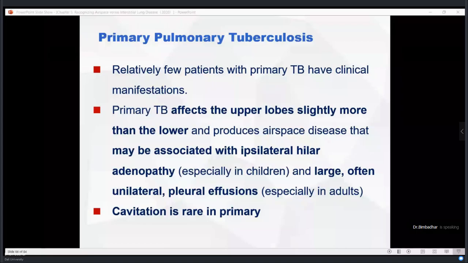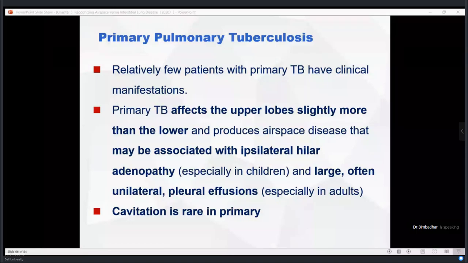Such a typical presentation may be related to a cotton-related disease called byssinosis, an interstitial, occupational lung disease. So even though the presentation clinically relates to tuberculosis, I cannot mark my patient as tuberculosis.